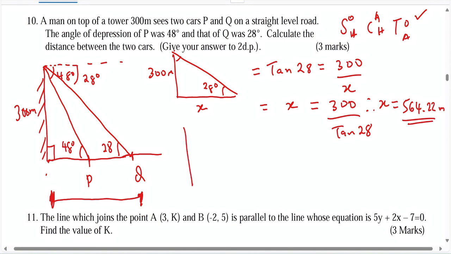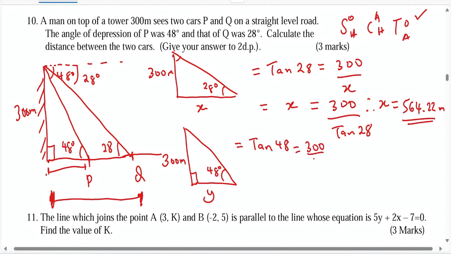Tuchore ingine pia, hiyo nyingine ndogo. So hapa tumeambiwa ni 48 degrees na hapa as obvious ni 300 meters. What we need to find is from here to here. So from here to here, let's say it to be y. So basically using the same thing, tan 48 is equivalent to 300 divided by y.